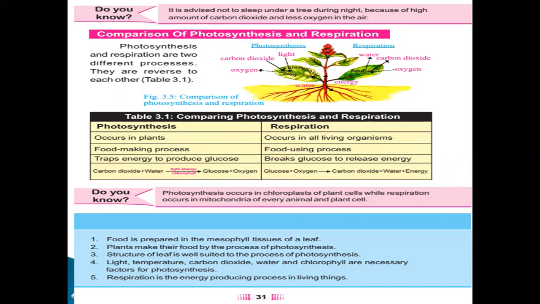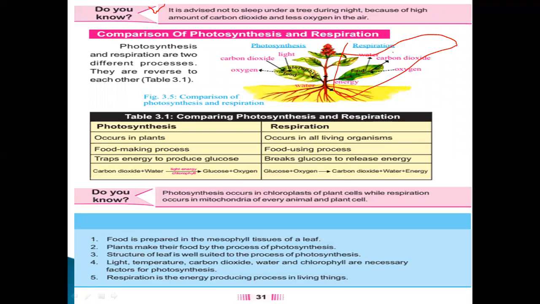A very important fact of life: do you know that it is advised not to sleep under a tree during the night? Do you know why it is prohibited to sleep under the tree at night? Yes, because plants only do the respiration process in the night time.